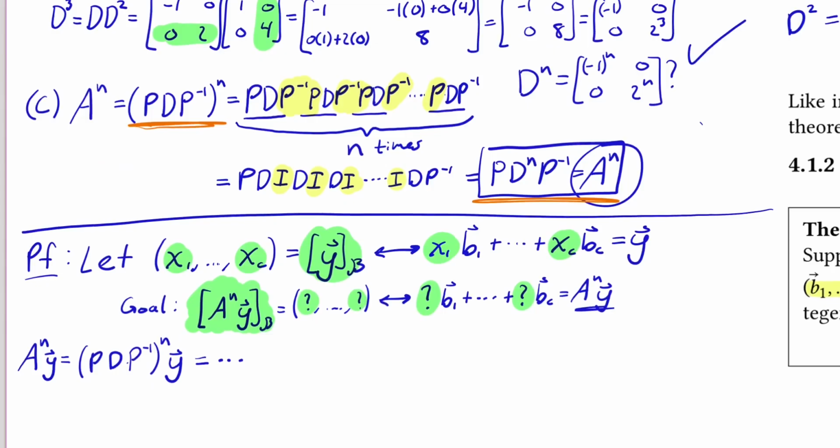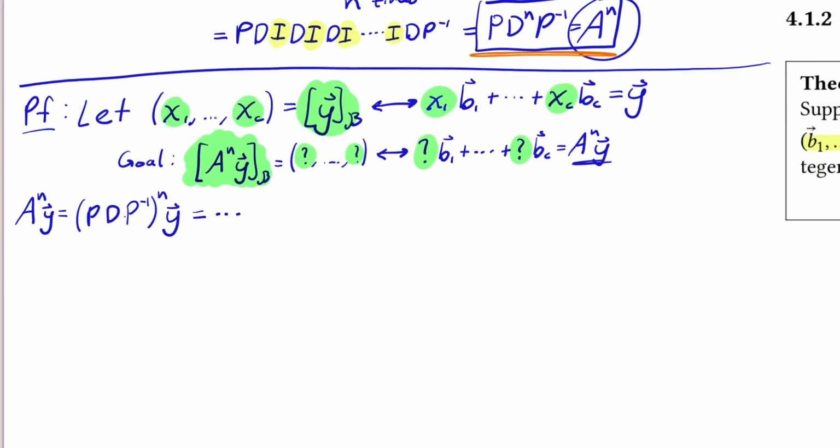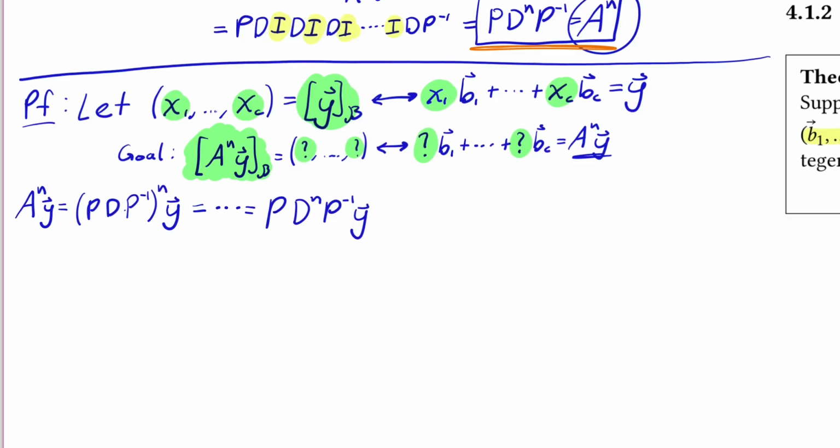You could write this out n times, and all the P inverse times P's will cancel out in the middle, and you end up getting P times D to the power n times P inverse times y. And what can we do with P inverse times y? Well, okay, remember P has the B1 through BC's as its columns.